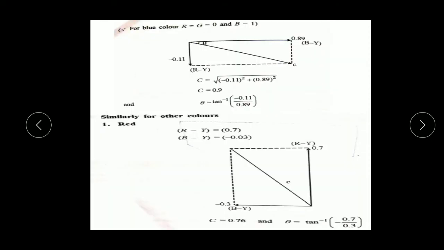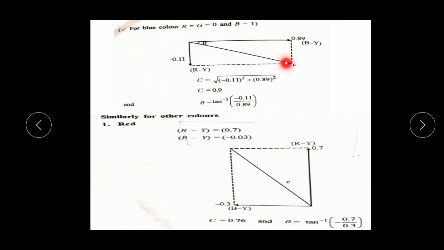So C is equivalent to about 0.9 and theta equals tan inverse of minus 0.11 divided by 0.89. This is the case for pure blue color.